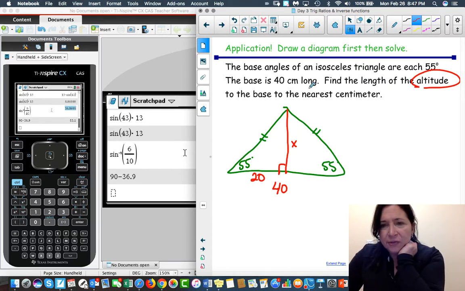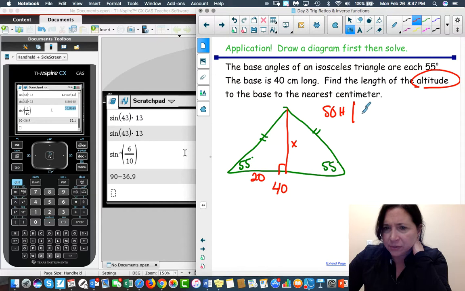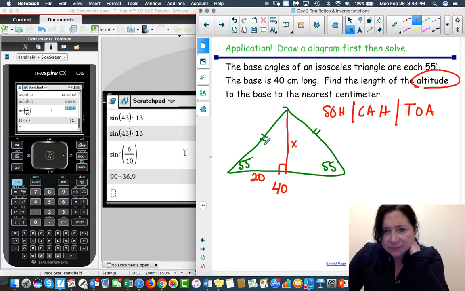So you need to ask yourself, which of my trig functions is it? Sine, opposite over hypotenuse, cosine, adjacent over hypotenuse, or tangent, opposite over adjacent? Which is going to give me what I need? I need to find the opposite side. I have the adjacent side.